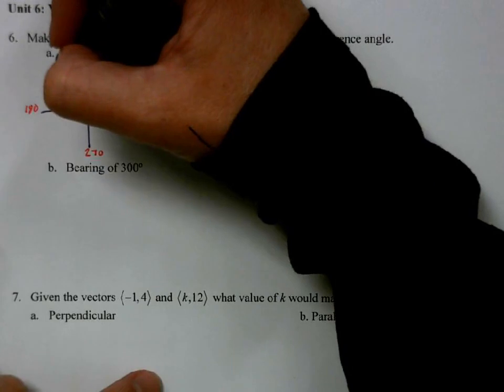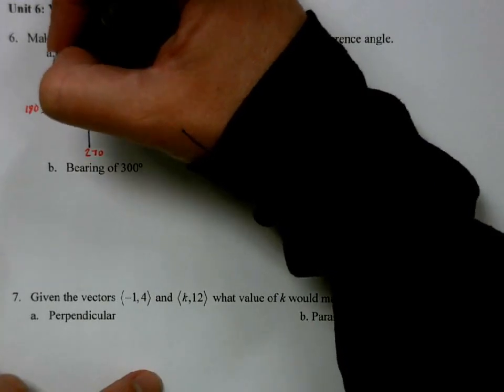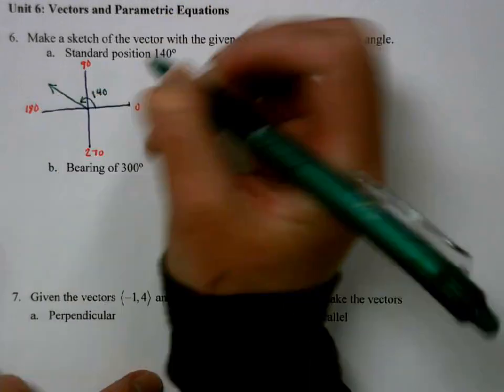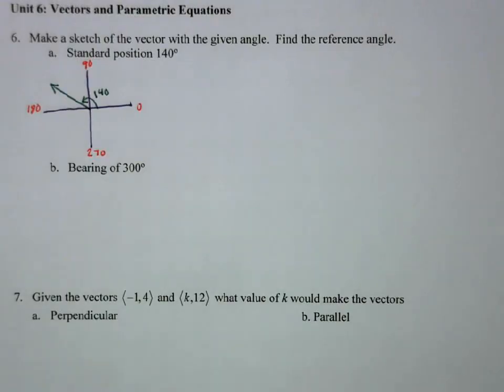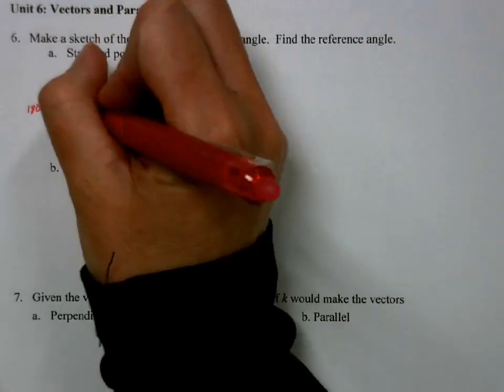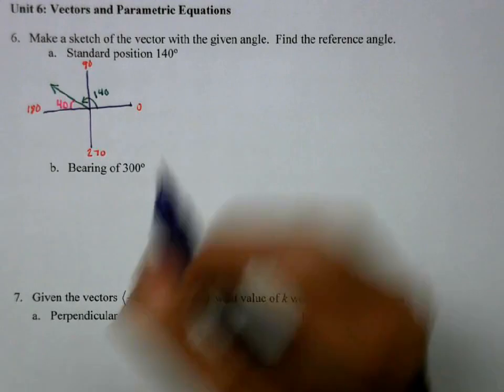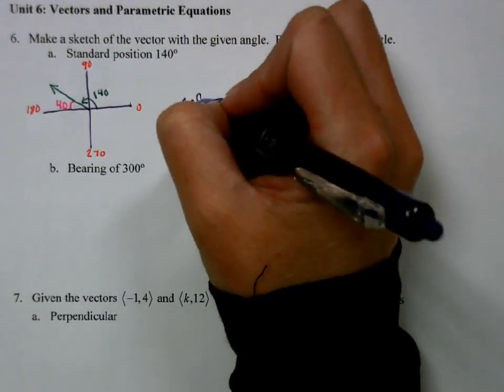This measurement is 140. The reference angle is the angle from the x-axis, which is going to be this angle here, which is going to be 40. So our reference angle is 40 degrees.